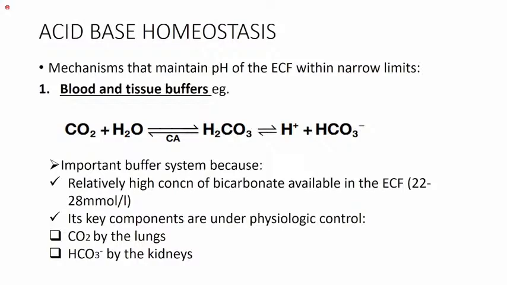It's also an important system because the key components are under physiologic control. This chemical buffer system works together with your physiologic control mechanisms. CO2 is able to be excreted by the lungs, and the bicarbonate can be reabsorbed by the kidneys. So you can reabsorb more bicarbonate as required for buffering of excessive hydrogen.